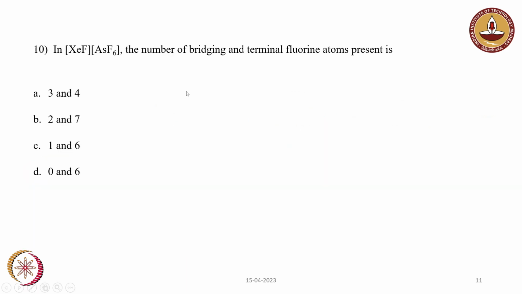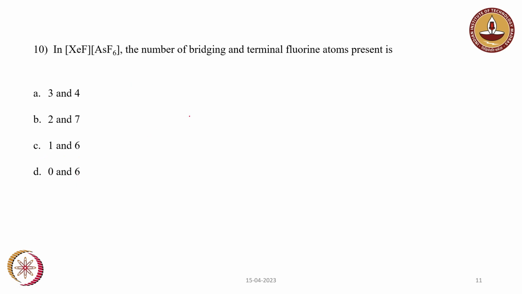Next question is: in XeF5 AsF6, the number of bridging and terminal fluorine atoms present is option A 3 and 4, option B 2 and 7, option C 1 and 6, and option D 0 and 6.